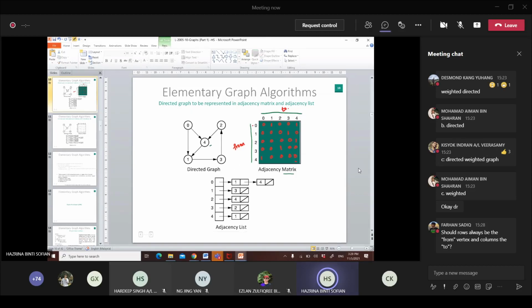Right now, you can see that 0 can only go to 1 and 4. 1 can only go to vertex number 3. 2 can only go to vertex number 4. 3 can only go to vertex number 2.